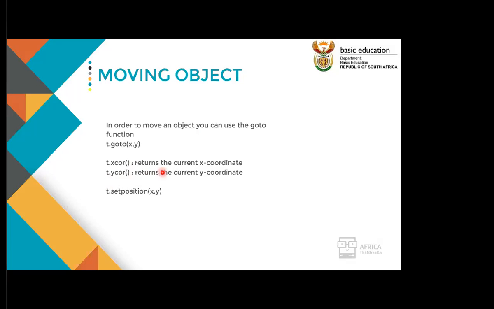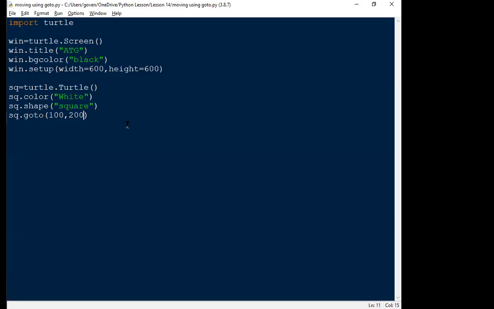So if I look at my code now, I can write x is equal to xcor, and this will bring me what the x coordinate is. I can also do that for y: y is ycor, and now this would bring me the y coordinate.